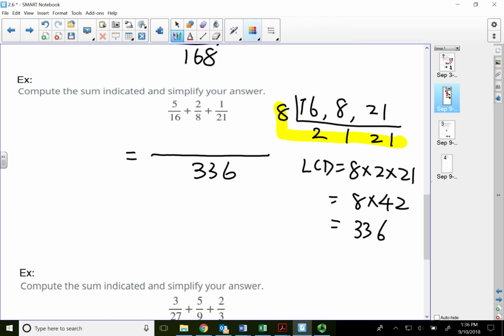Well, let's take a look at what we wrote out. 16 is 8 times 2, going into 336, has got to be 21 times. So my numerator times 21. 5 times 21: 5 times 1 is 5. 5 times 2 is 10. That's 105, plus.